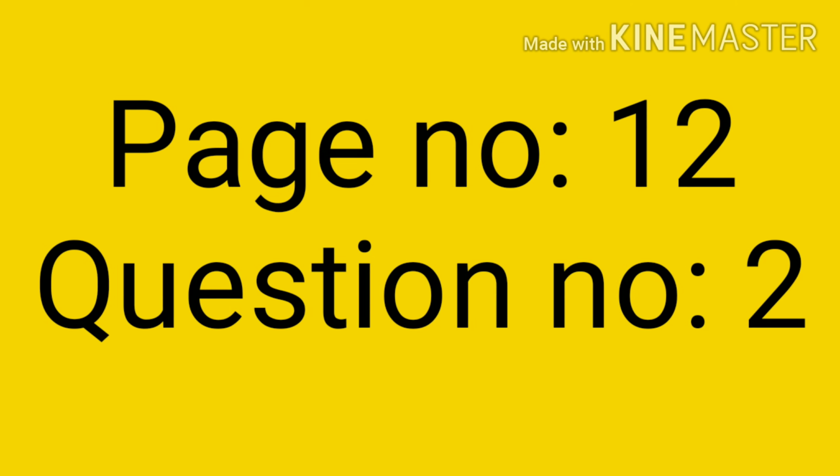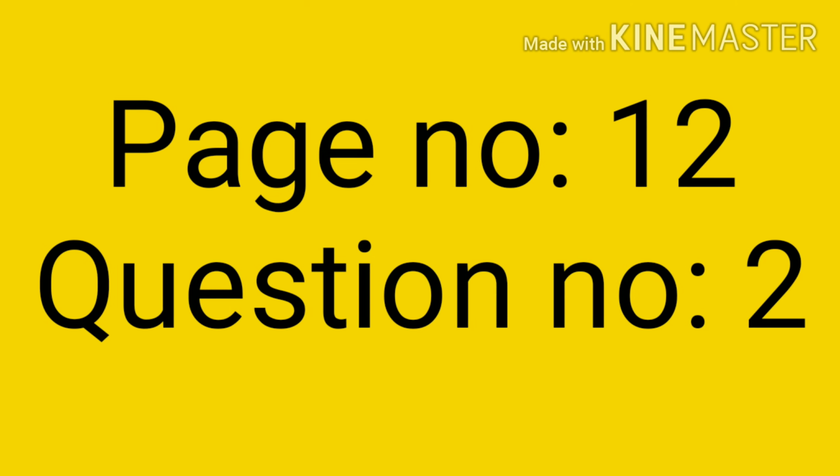Now, page number 12, question number 2. Question is, in each figure, some angles are given. Find all other angles. Let's do the second question. Look into this figure. Here, two angles are given. This angle is 50 degree and this angle is 70 degree.